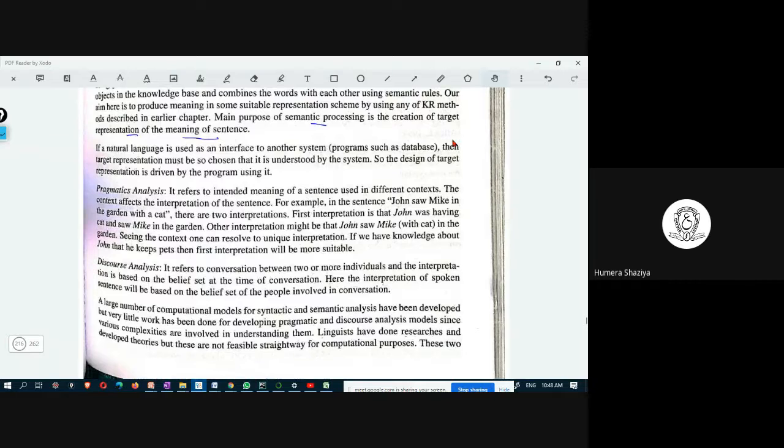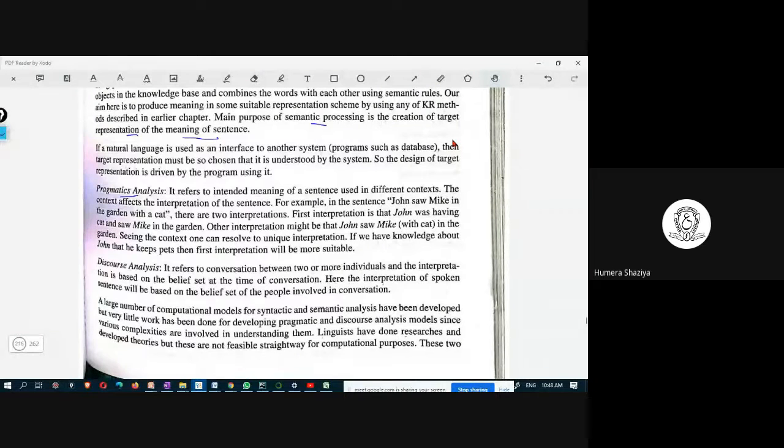All right, after these three phases, the next phase is pragmatic analysis. Pragmatic analysis is the advanced phase that is used to interpret the sentence based on different contexts.